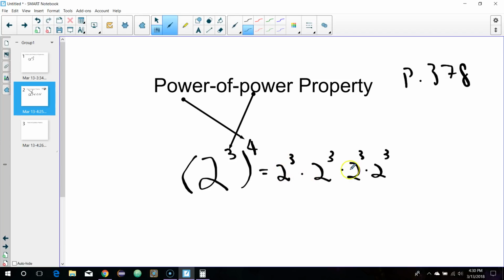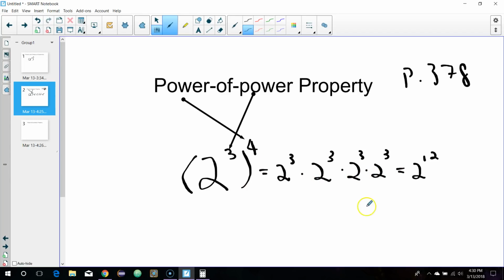If you remember, when we multiply all of this with the same base, we can simply add all these exponents together. So 3 plus 3 plus 3 plus 3 is going to be 12. So if you have the power of a power, you can do it the long way, breaking it into 4 different parts and then adding them up. However, sometimes you want an easier way.